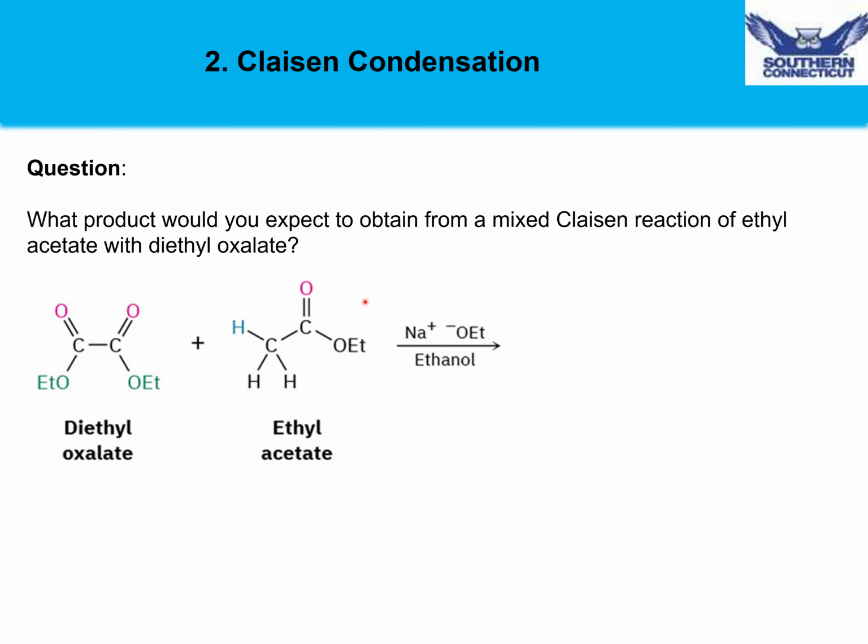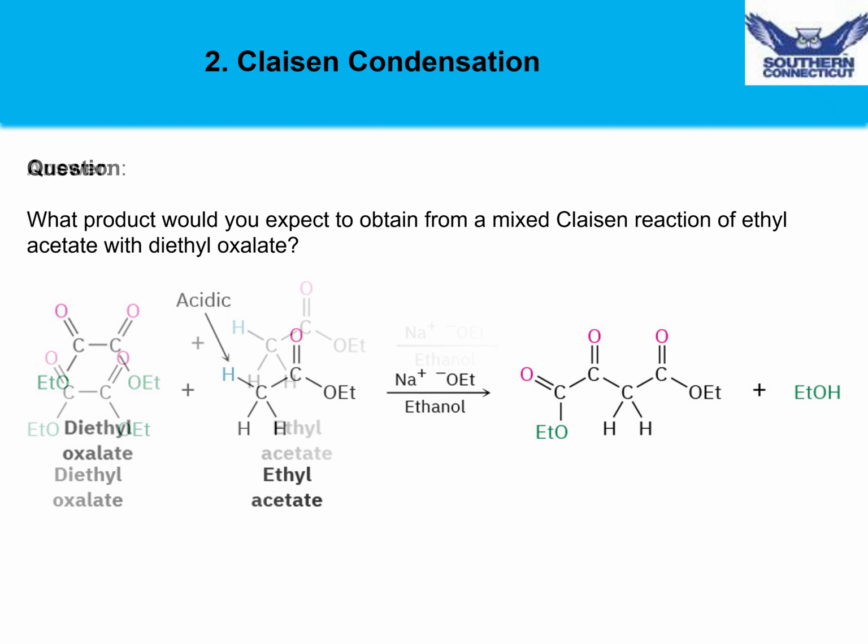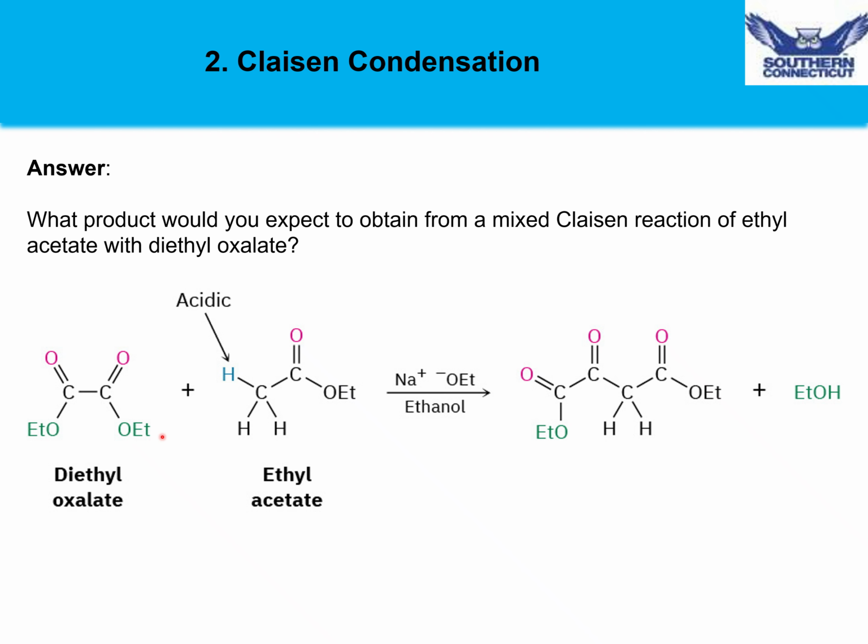In this question, we want to predict the product that you would expect from a mixed Claisen reaction between the two esters that are shown in this example. Comparing the two esters that we have here, notice that diethyl oxalate does not have alpha hydrogens, so it's going to be our Claisen acceptor, while ethyl acetate has alpha hydrogens, which are acidic.